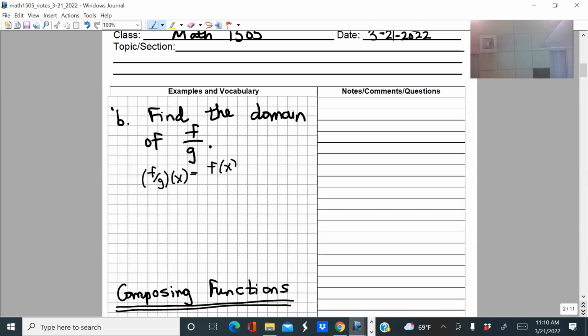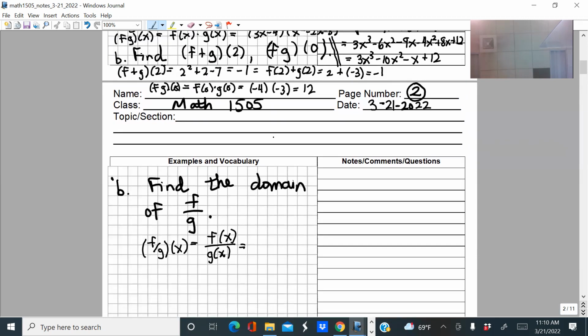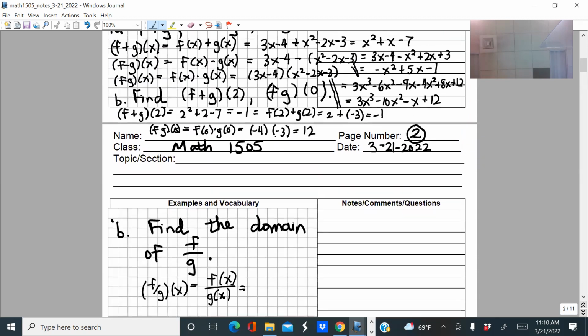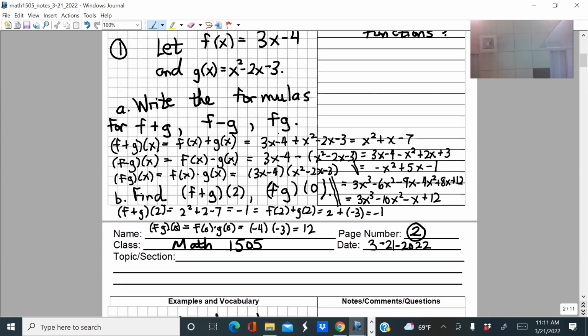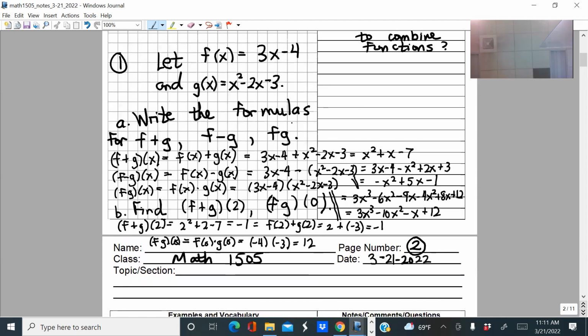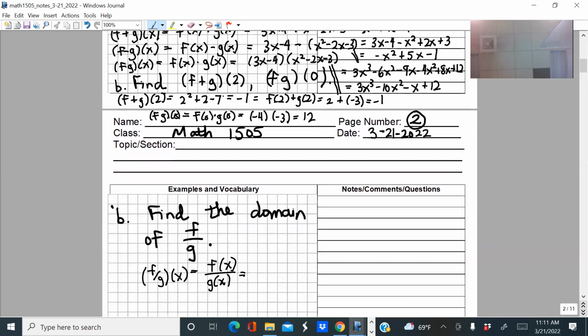That's just the formula for f of x divided by the formula for g of x. So, do you remember what those formulas are? There are the formulas. 3x minus 4, that's the formula for f.